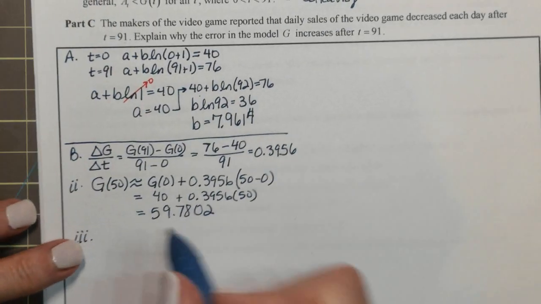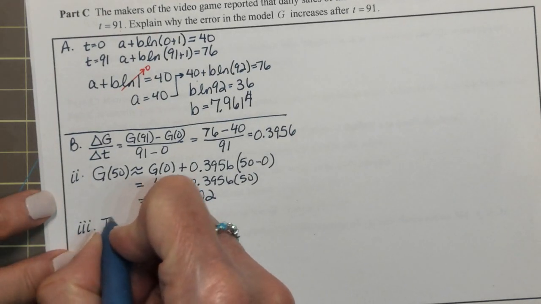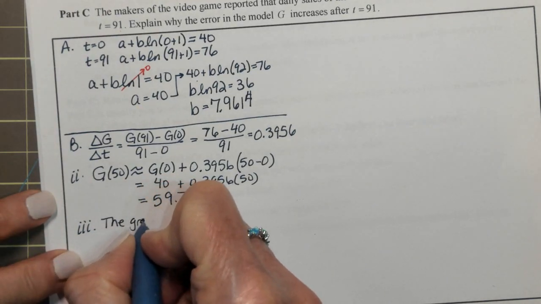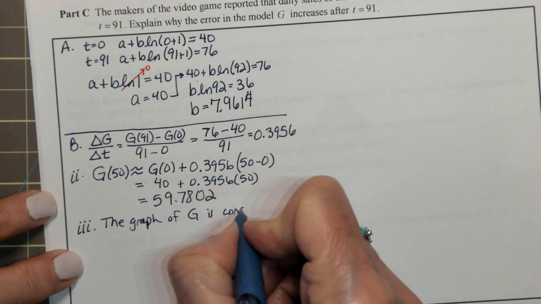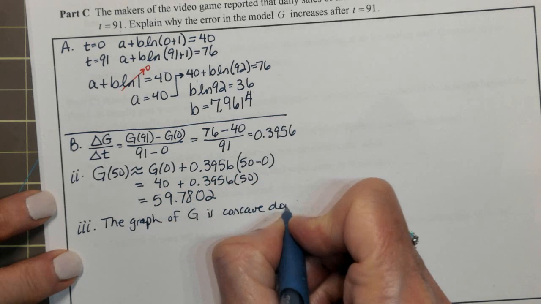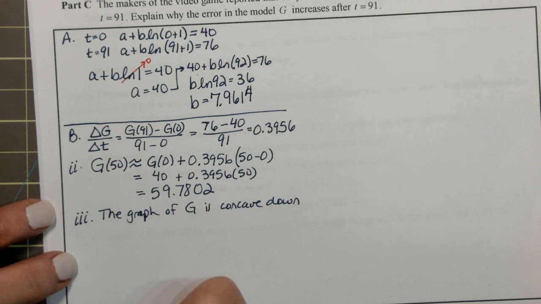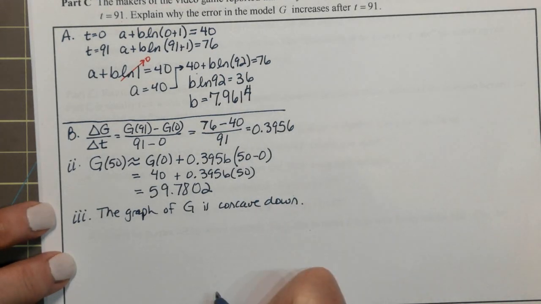I know they want to see it. So the graph of G is concave down. And it's always concave down. I don't need to say specifically where it is.